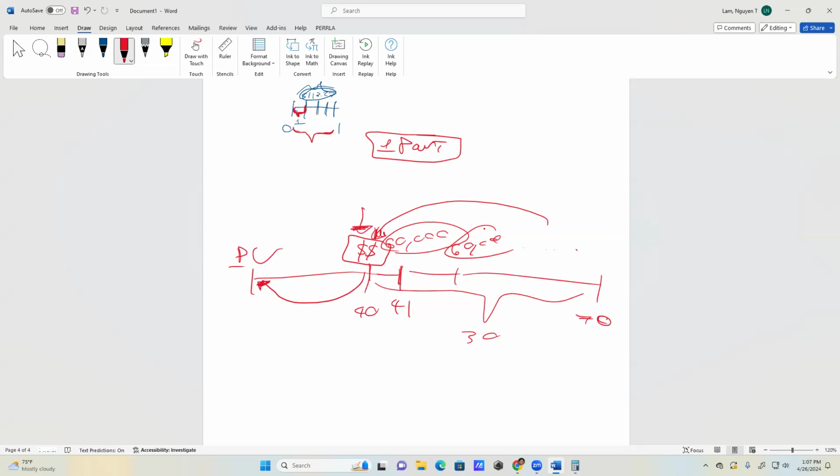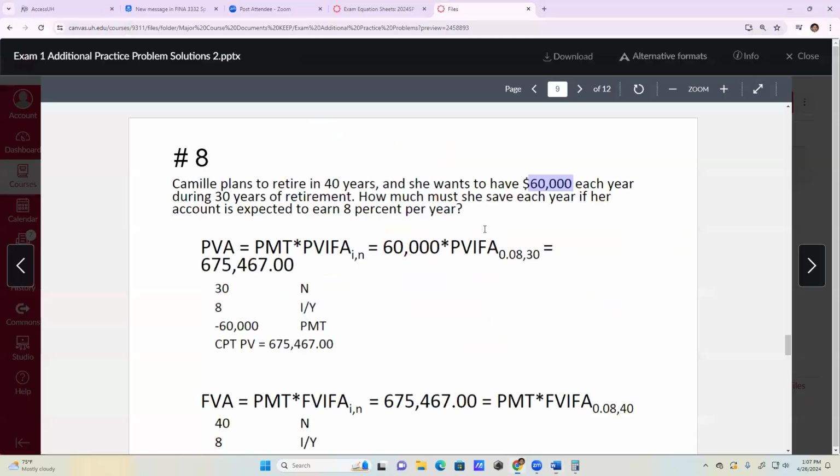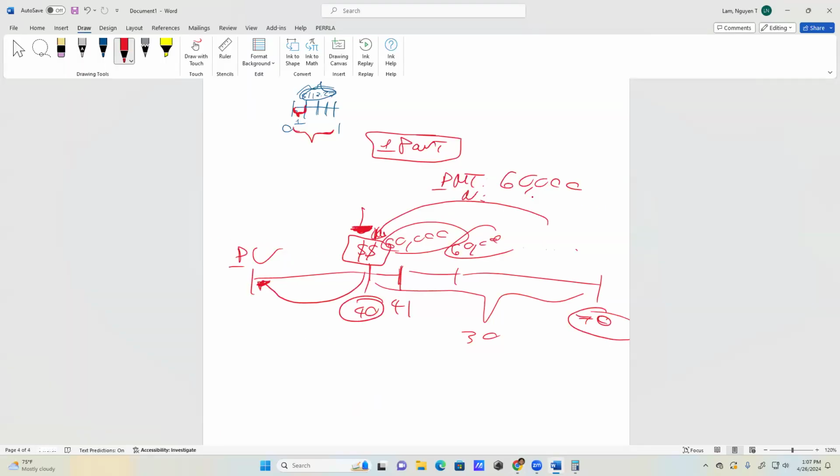So this is the present value when you put the payment as 60,000, for how many years? 70 minus 40, that's 30 years of her receiving 60,000. Then you put the interest in and hit compute present value. That is the present value right here.